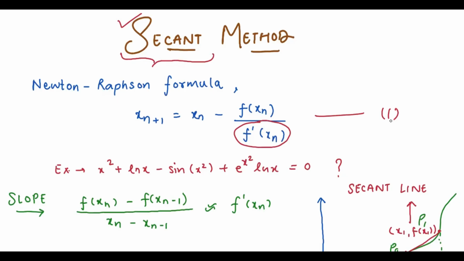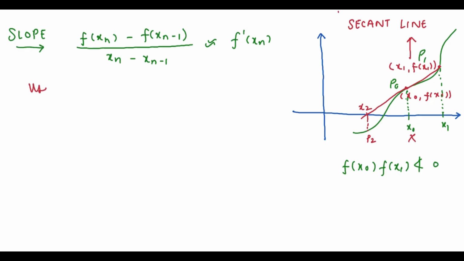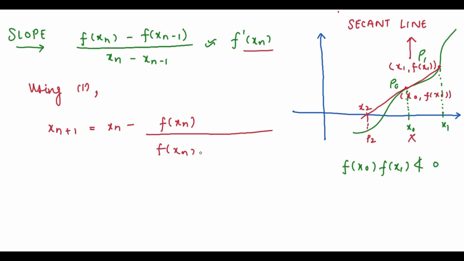That is, f dash (xn) can be approximated by this. So you need to substitute this approximation into the Newton-Raphson method. So you get x(n+1) equals x(n) minus f(xn) divided by [f(xn) minus f(xn minus 1)] divided by [xn minus xn minus 1].